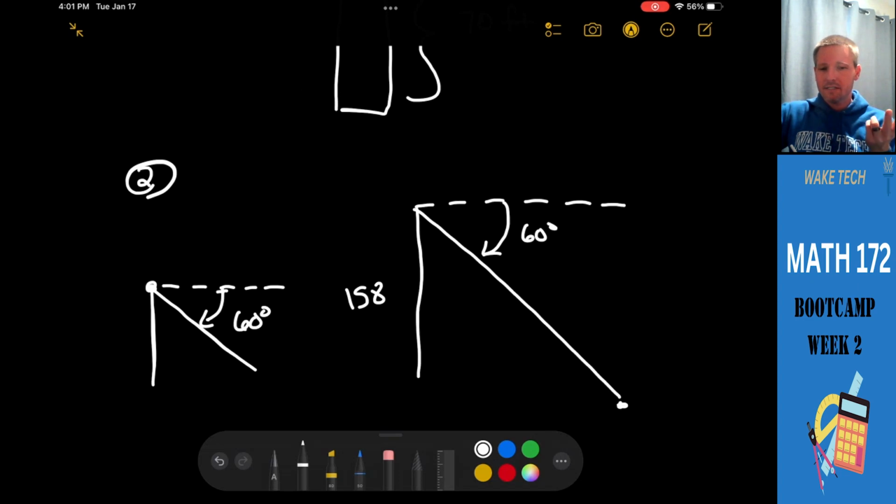You have an angle of elevation as well; we'll chat about that one in a second. The angle of depression from the lighthouse to their beach house is 60 degrees. We're told 158 feet. So the question is, what's the distance between the lighthouse and the beach house?